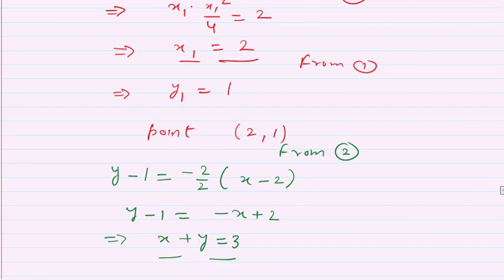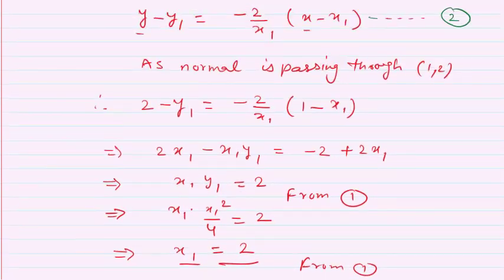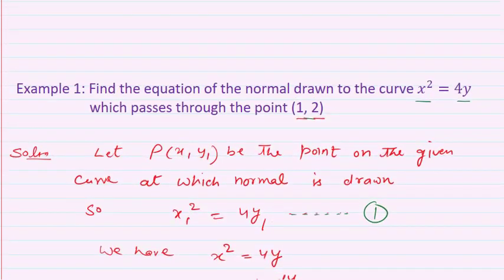So you should be very clear whether the question is asked in which the tangent and curve have the common point, or the passing point is given only for the tangent or the normal. So here you have to consider the common point.